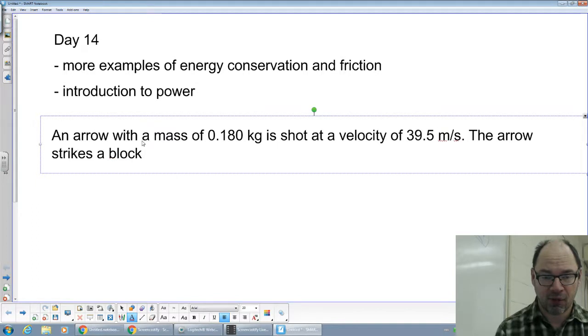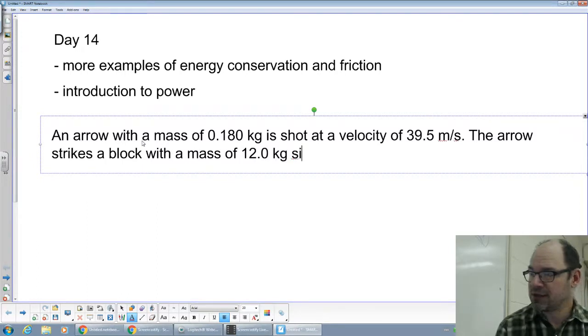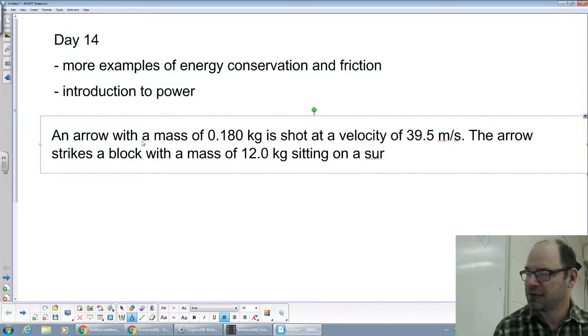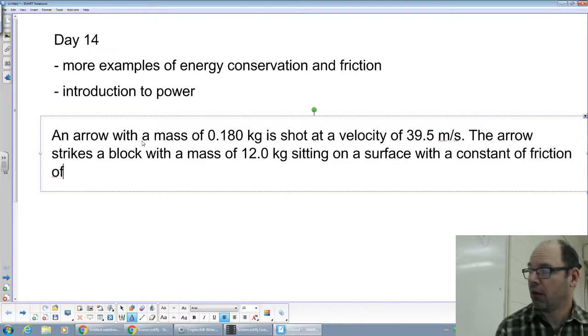It strikes a block with a mass of 12.0 kilograms, sitting on a surface with a coefficient of friction of 0.250.